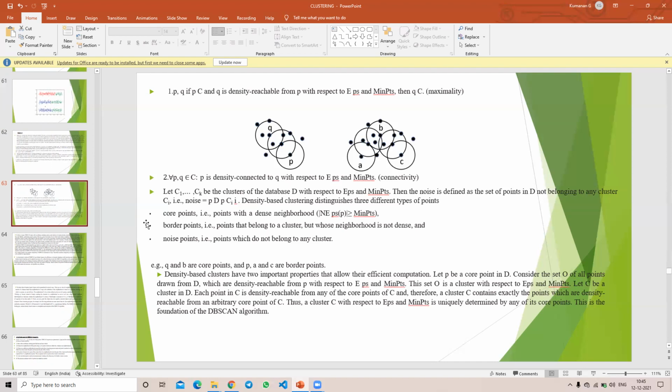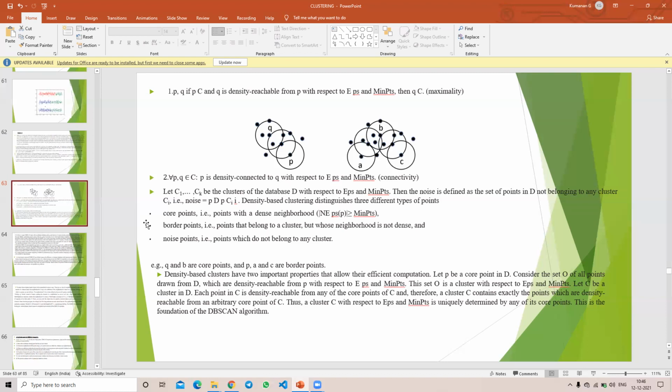Let P be a core point in D. Consider the set O of all points in D which are density reachable from P with respect to EPS and minimum points. This set O is a cluster with respect to EPS and minimum points.